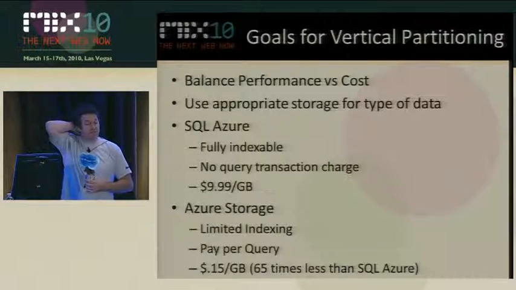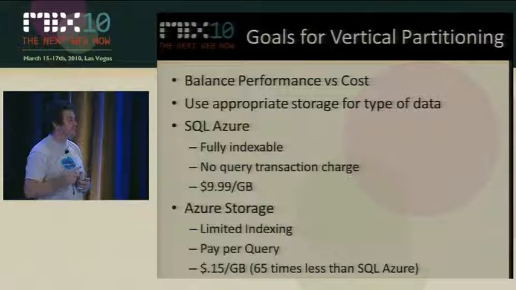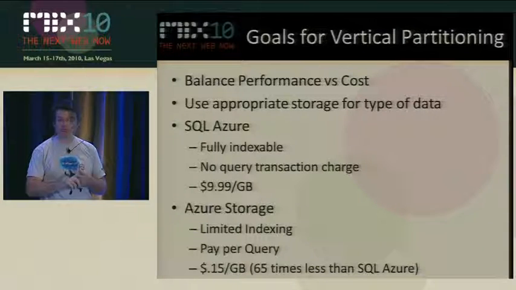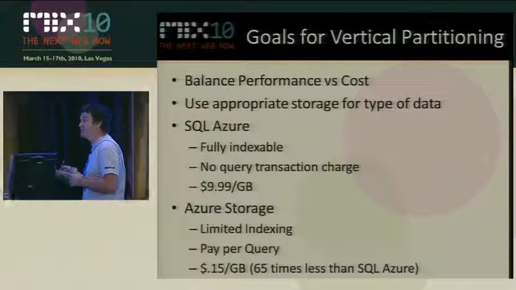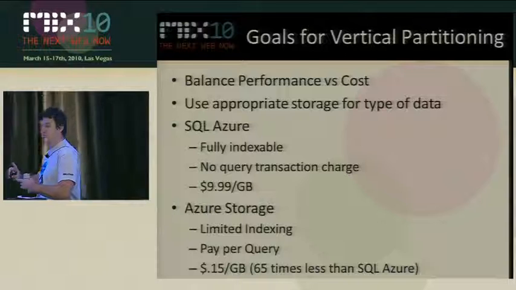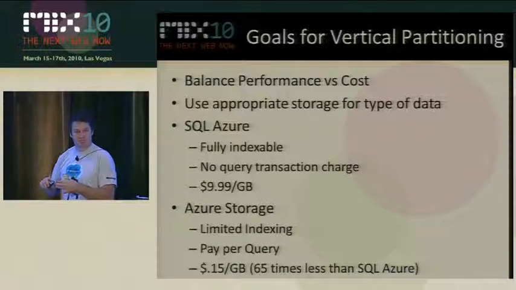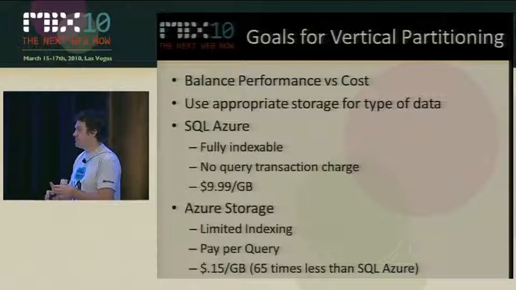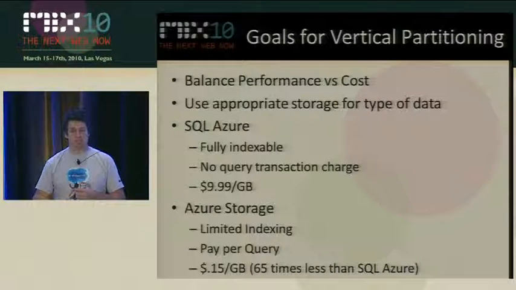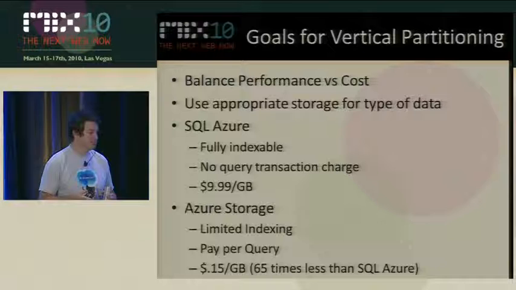Vertical partitioning. So vertical partitioning is all about balancing performance and cost. It's all about choosing to use the appropriate storage type for the type of data we're dealing with. Right? SQL Azure is fully indexable, transactional. You know, it's got all of those nice properties of a relational database that costs us $10 per gigabyte. Azure Storage has limited indexing.